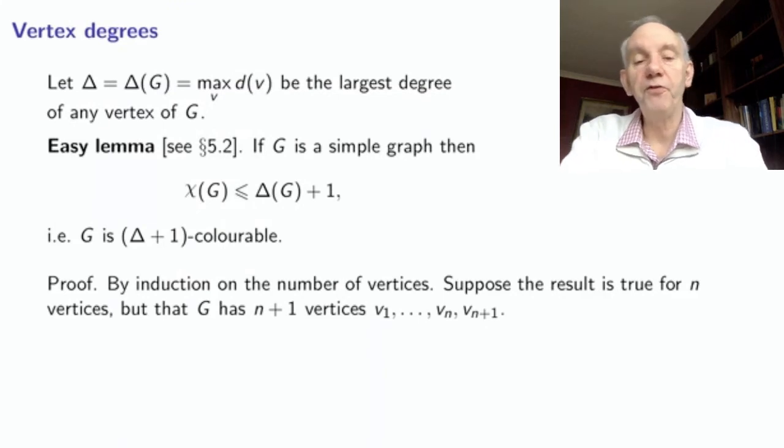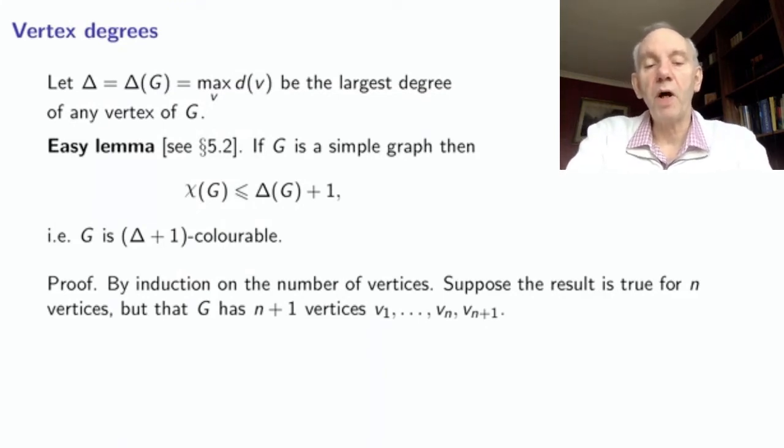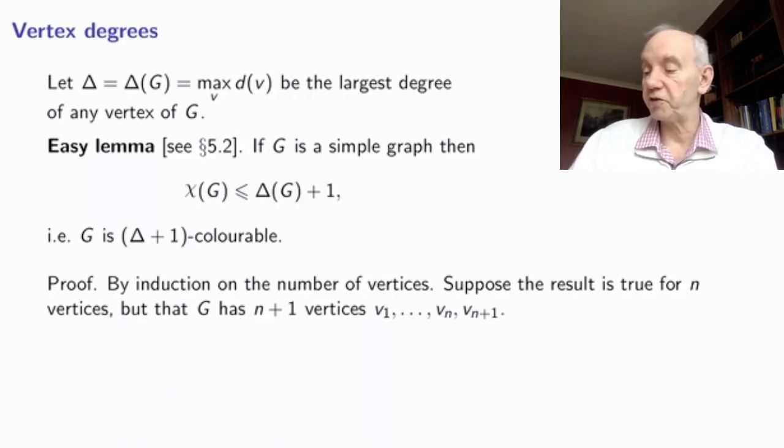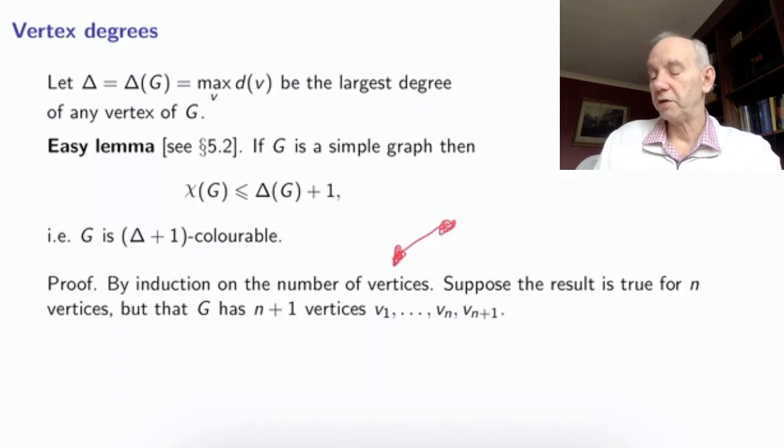Okay, so back to the proof. It's really quite easy, but I want to write this down formally. I should perhaps use induction. So I'm going to use induction on the number of vertices. Obviously, if I have 2 vertices, we're okay, because then we need 2 colours.